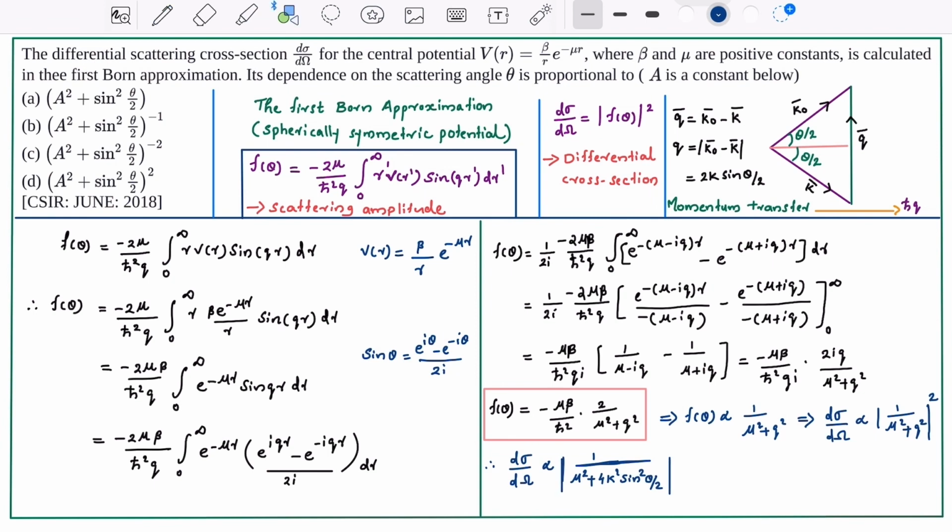Now you can take this 4k² outside so that our dσ/dΩ expression becomes 1 by modulus of 1 by 4k², then within bracket μ² by 4k² plus sin² θ/2 whole square.